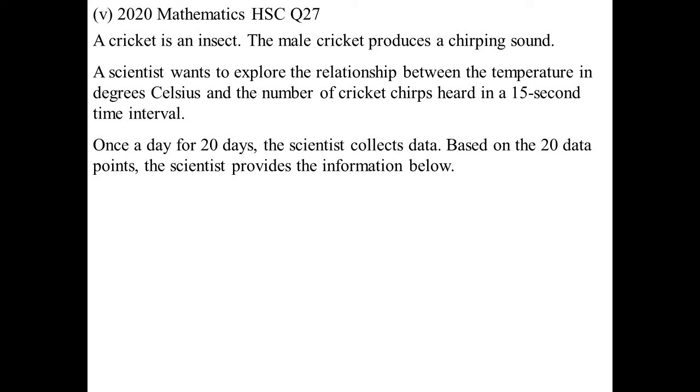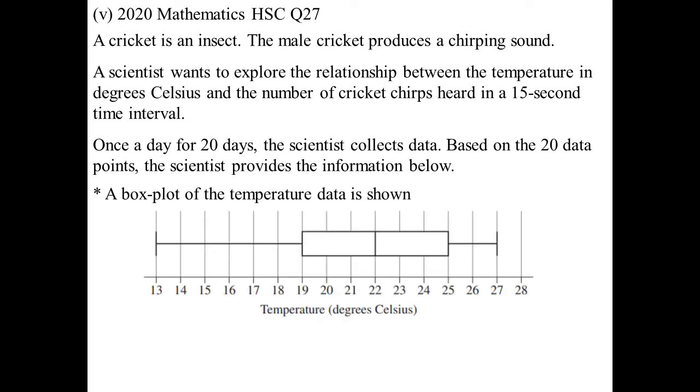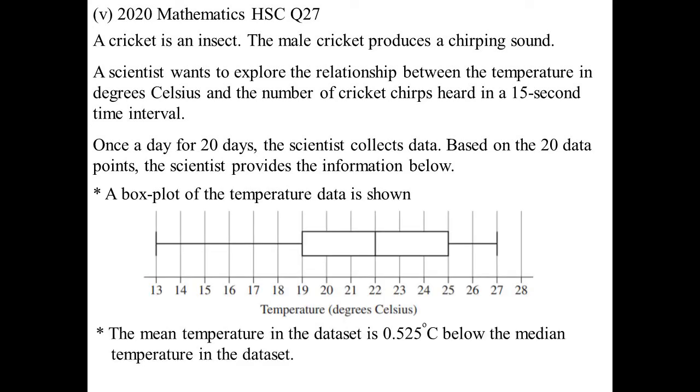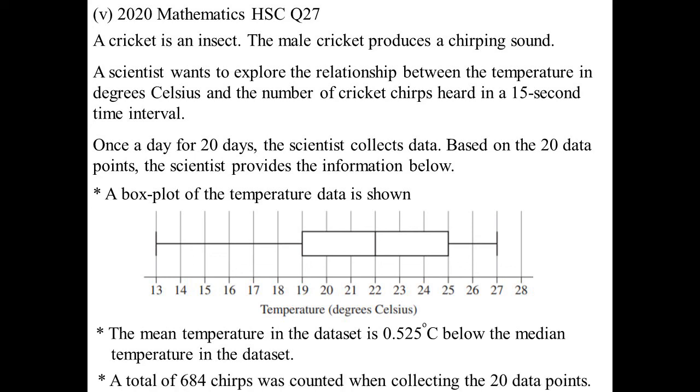So once a day for 20 days, the scientist collects the data, and there's the box plot of the data. The other thing we know is the average temperature was 0.525 degrees Celsius below the median temperature. And a third piece of information, they managed to count 684 chirps when they collected their 20 data points. So that was the information they were given.